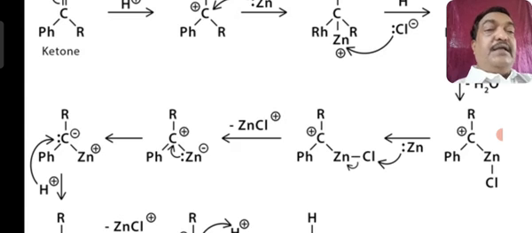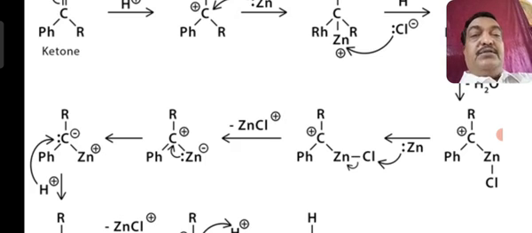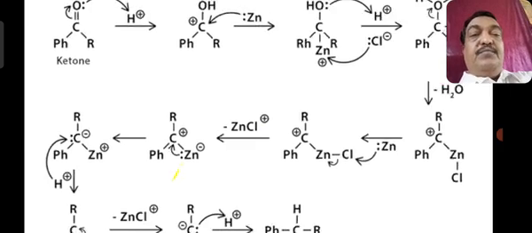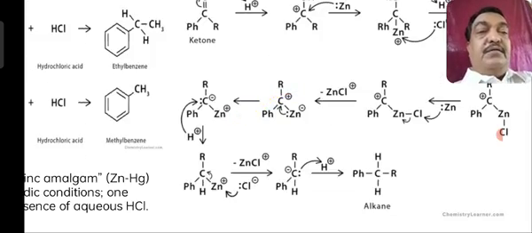Then this will again undergo a series of reactions, removal of a Cl as ZnCl, minus ZnCl, and you will get the zinc anion and carbocation. Now this is again protonated, and on protonation you will get this protonated product.